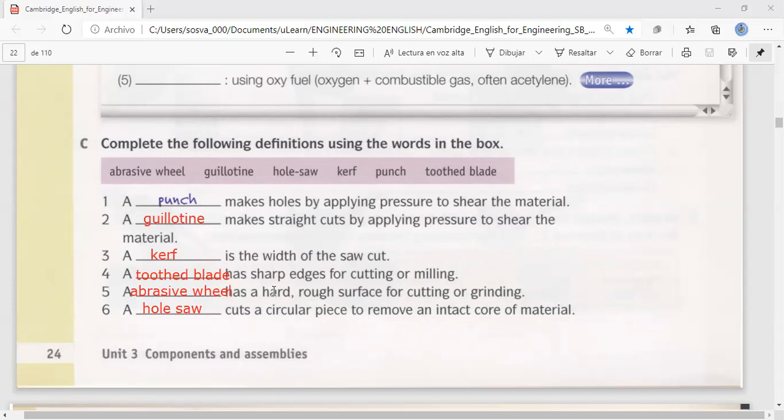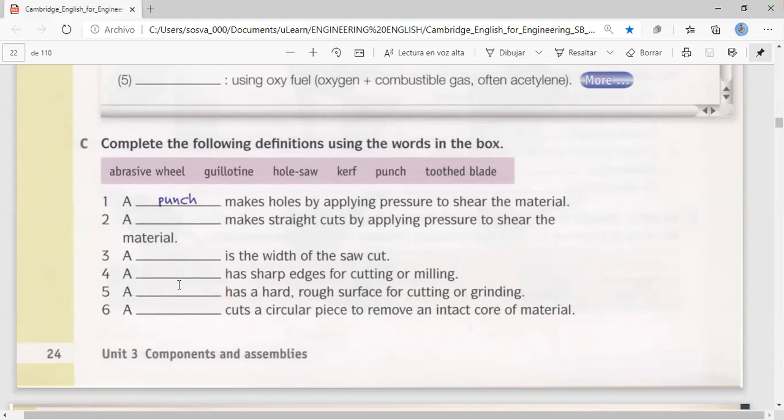For example, when you want to put a new door at home, you use a hole saw to make the hole where you're going to put the door lock. You make a circle in the door. Very good, so that's the main idea of this one. Exactly. Great, let me erase it.